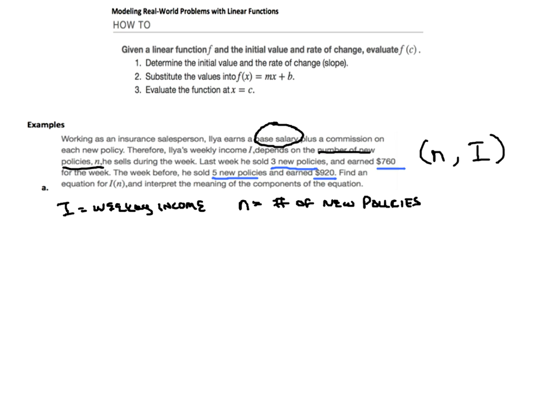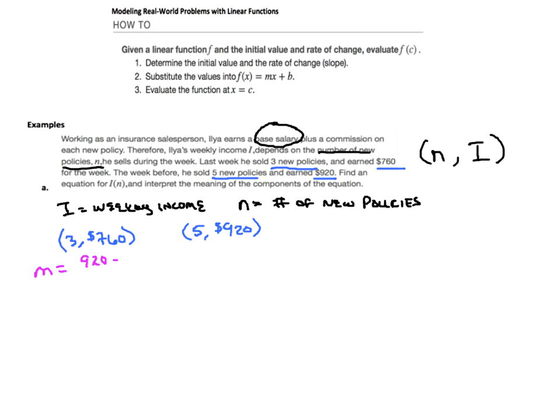So let me just finish this off. That's N, I. So to note my 2 points, I have (3, 760) and (5, 920). I do the same exact thing I've been doing the entire time.